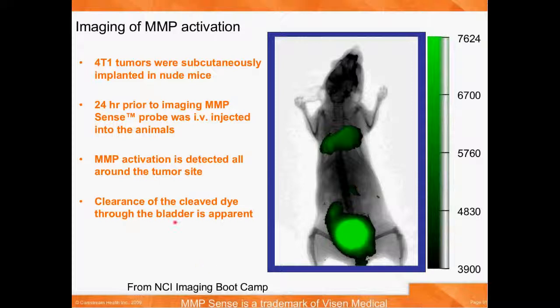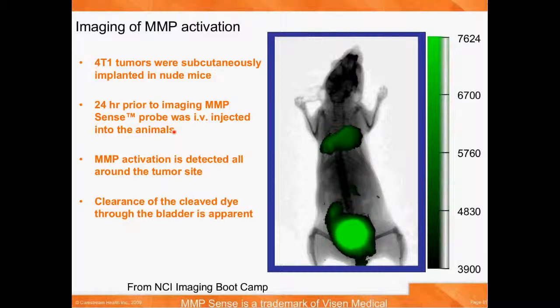In this example from the NCI Imaging Boot Camp, 4T1 tumors were subcutaneously implanted in a nude mouse. These were known to exhibit MMP activity at their surface. 24 hours prior to imaging, MMPSense, a probe that works by having many fluorophores next to each other, thus decreasing their efficiency, was injected.